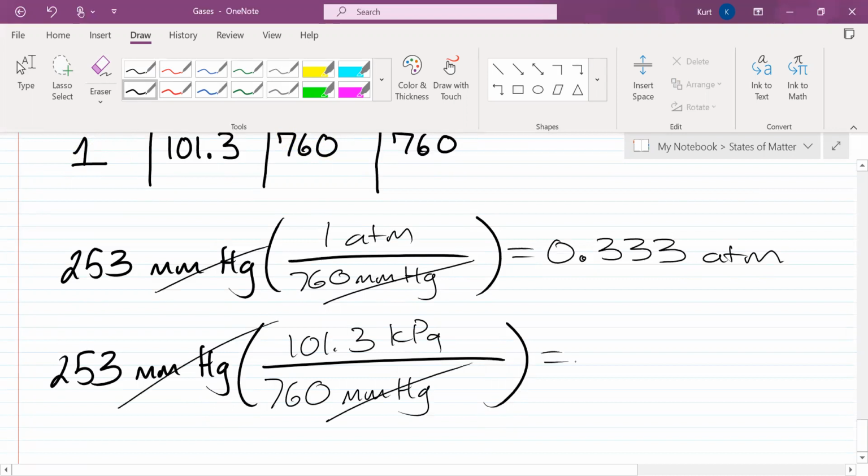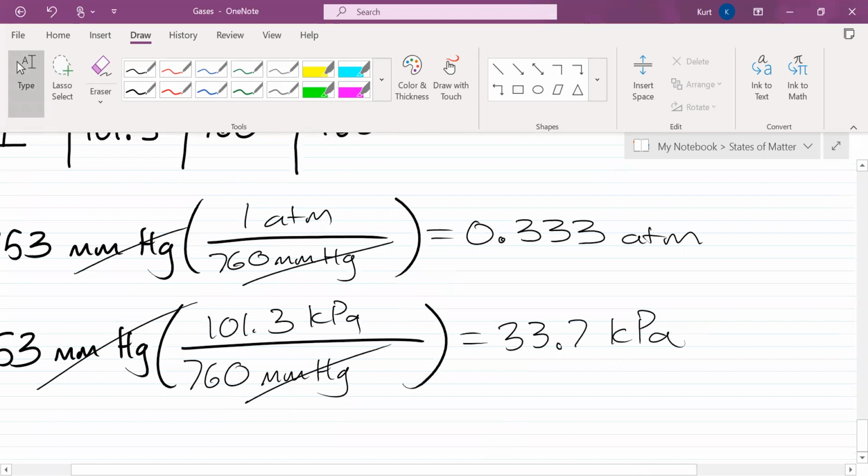So what math do you have to do here, Derek? Multiplication. So tell me. Say it. 253 times 101.3 divided by 760. That's it. This is going to equal 33.7 kilopascals.